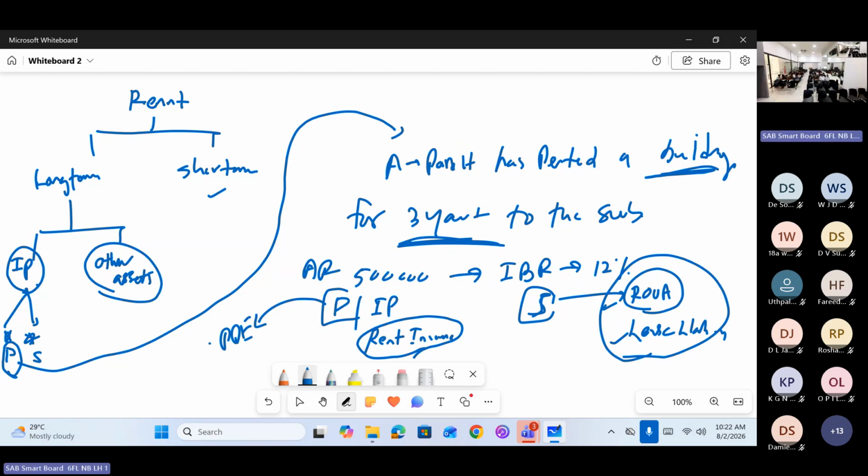How are we going to do this? Can you do the accounts first? These two companies, the records they have made.